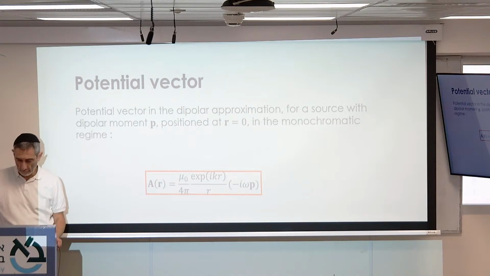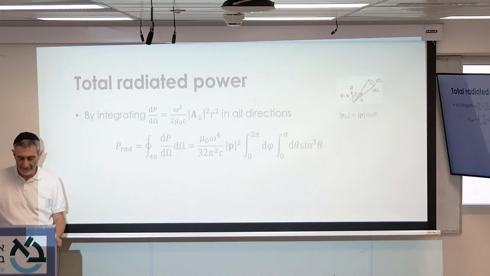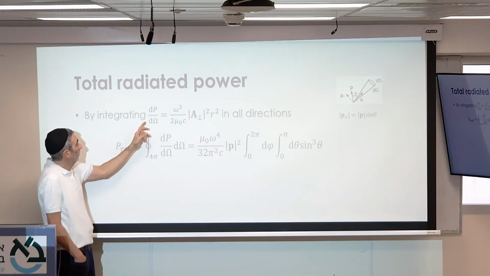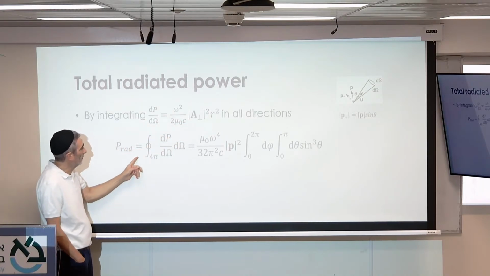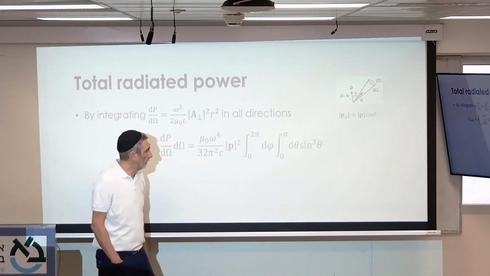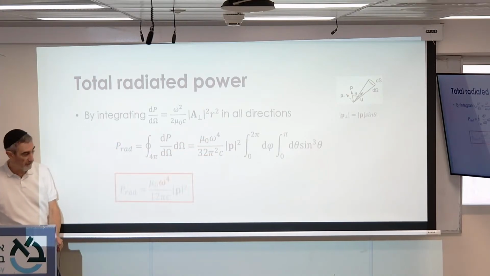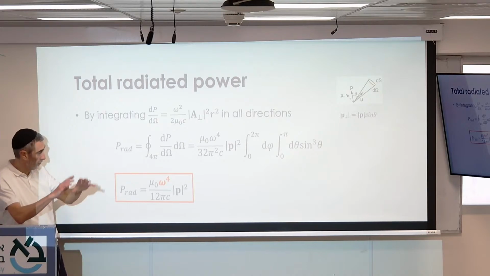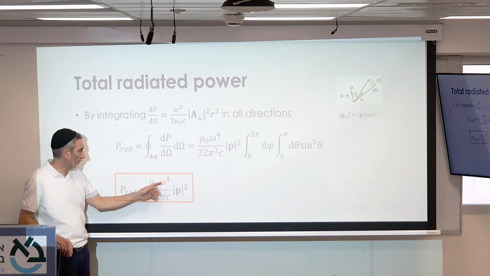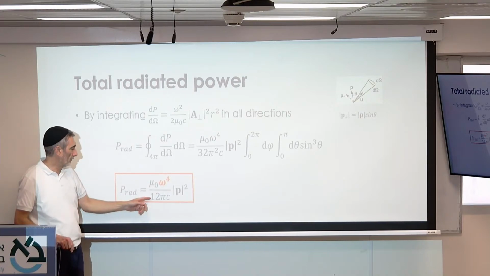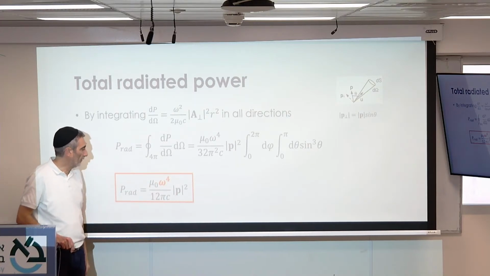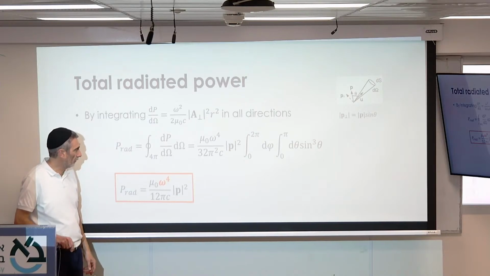Okay, so if you use that, you can calculate the total radiated power by integrating over all directions, the 4 pi steradian. From this expression, dP over d omega, you integrate over all directions. This is just a geometric factor here, but the main term is here. So we end up with this expression for the radiated power in all directions: mu 0 times omega to the power 4 over 12 pi c, times the modulus square of the dipole moment.